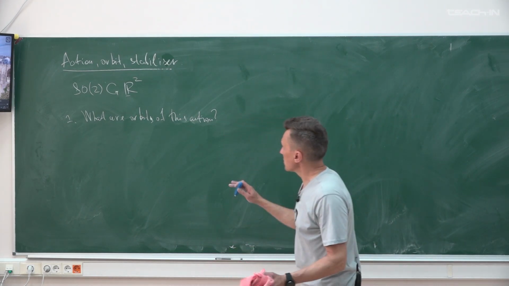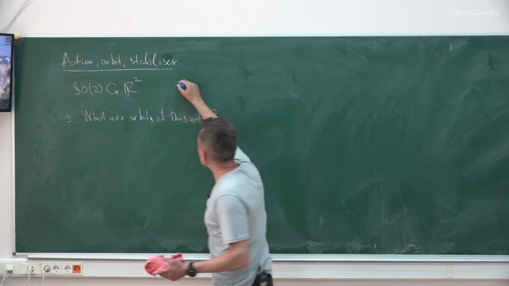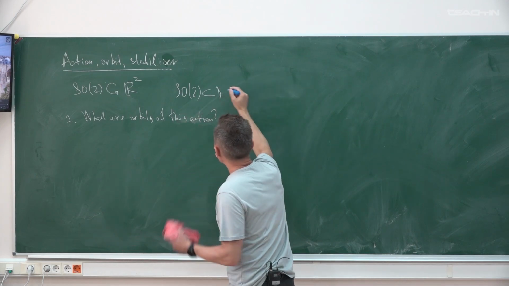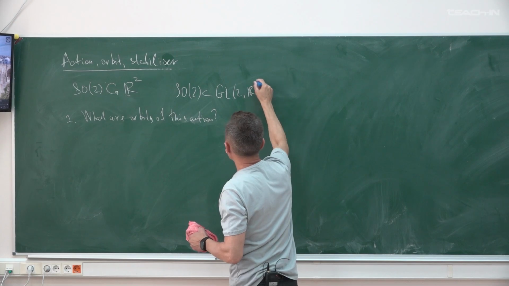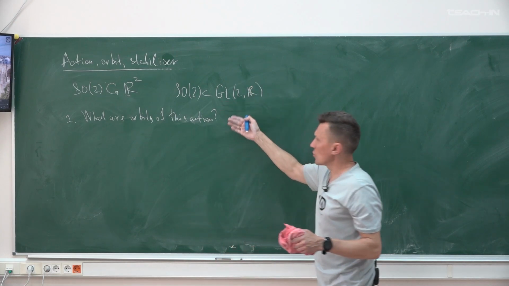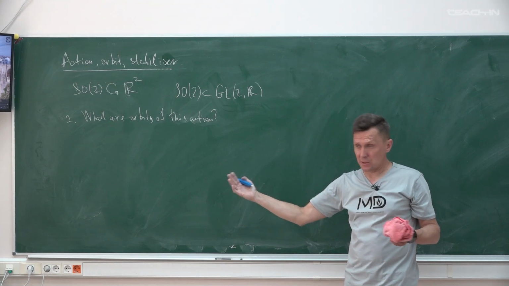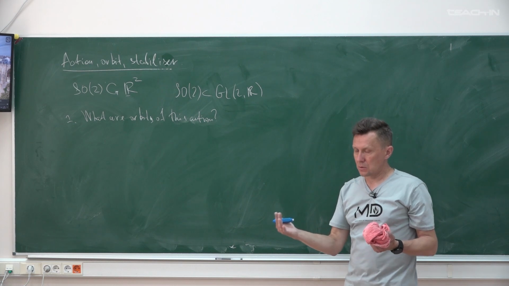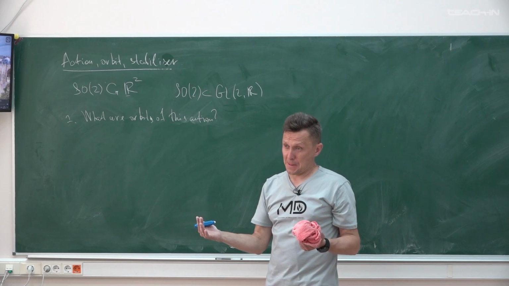So, in a sense, it's obvious because SO2 is a subgroup of GL2(R), which is the group of all linear bijections, linear transformations of R2. So the orbit of a point is a circle whose center is the origin.